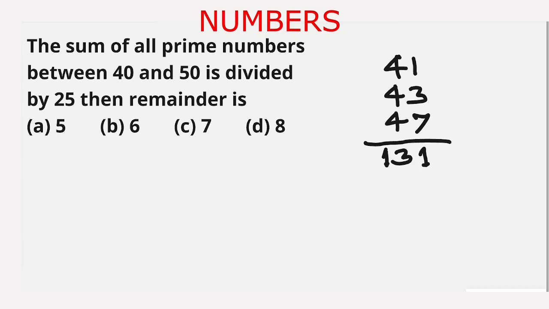So the sum of these three numbers 41, 43 and 47 is 131. Now we have to divide this by 25, and 25 times 5 is 125, and on subtracting 125 from 131 we get 6.